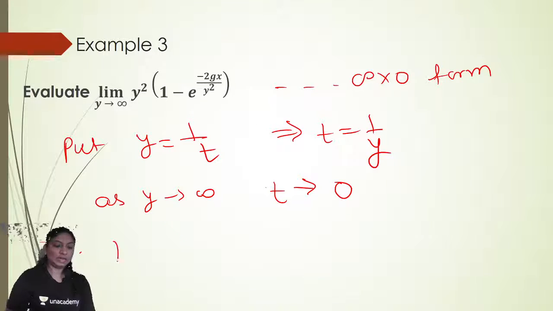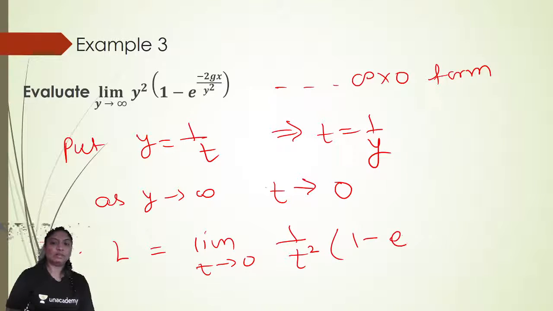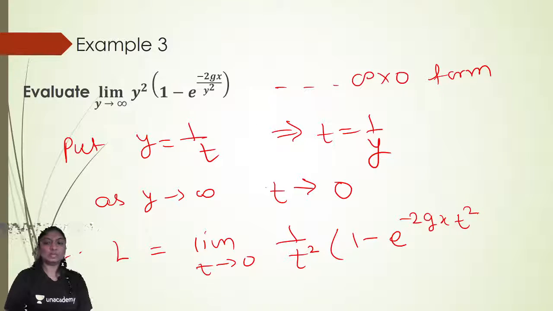So L is equal to the limit as t tends to 0 of 1 upon t square, instead of y here 1 by t, 1 upon t square, 1 minus e raised to minus 2gx into t square.